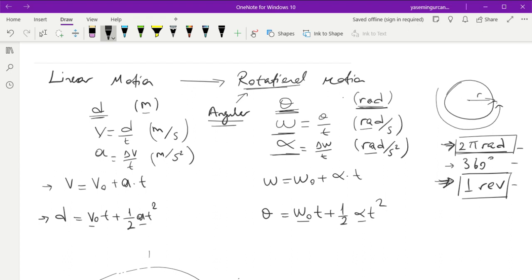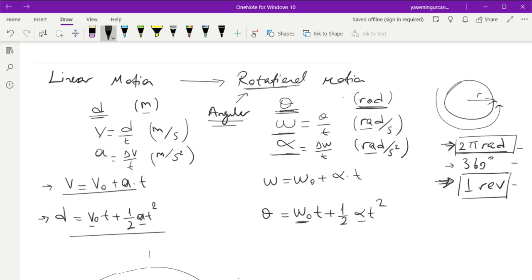They're interchangeable, basically. So what you do for these formulas that we have used for the linear one-dimensional motion, you replace the velocity with the rotational velocity or angular velocity, and the acceleration with rotational or angular acceleration. As you can see, the format of the equation is exactly the same.